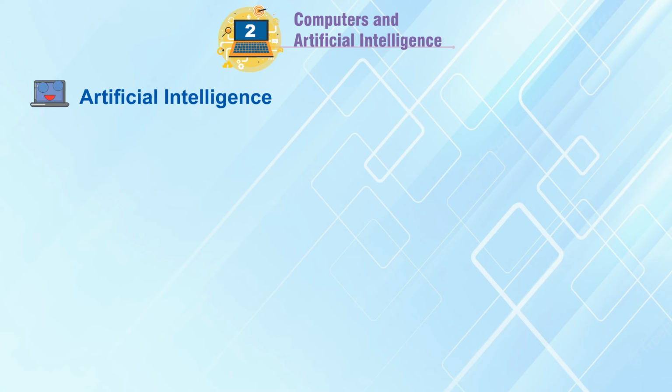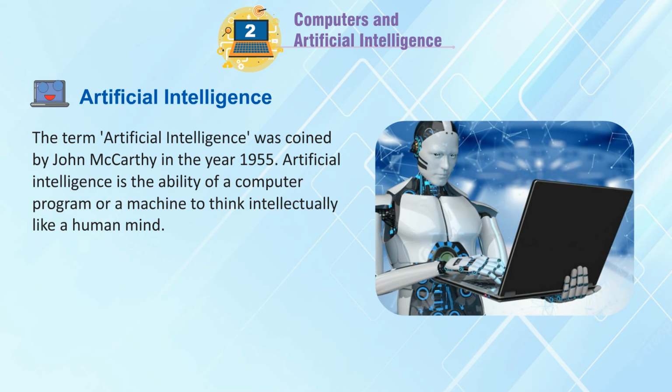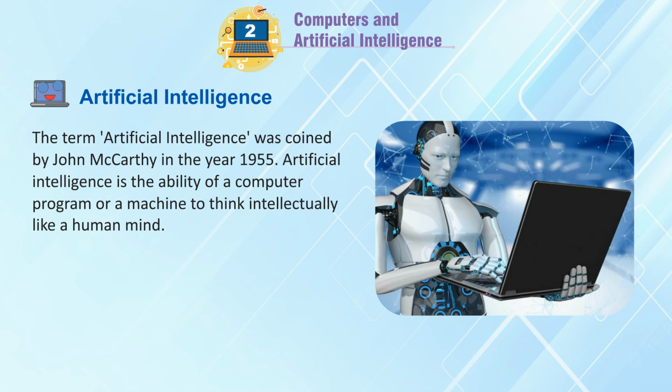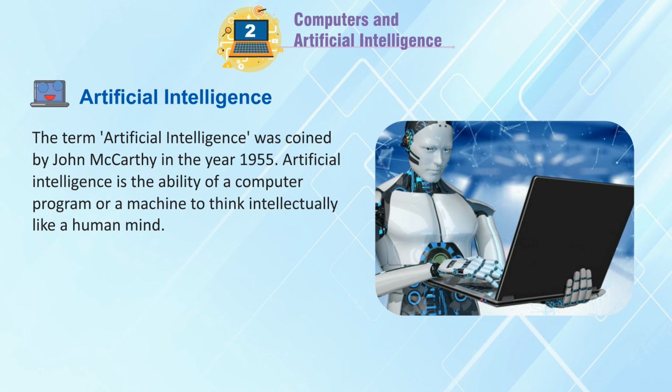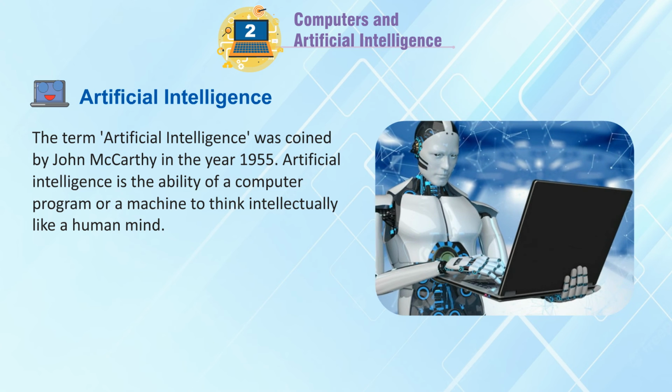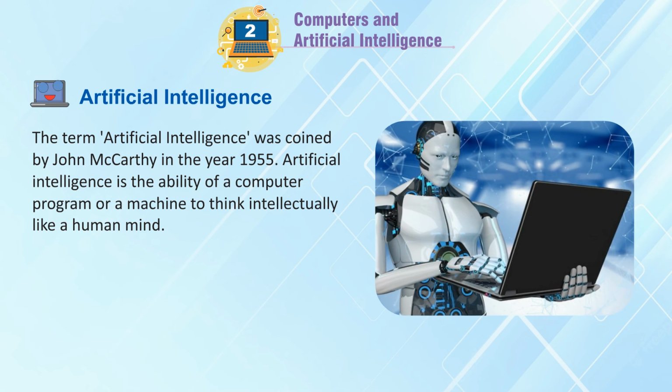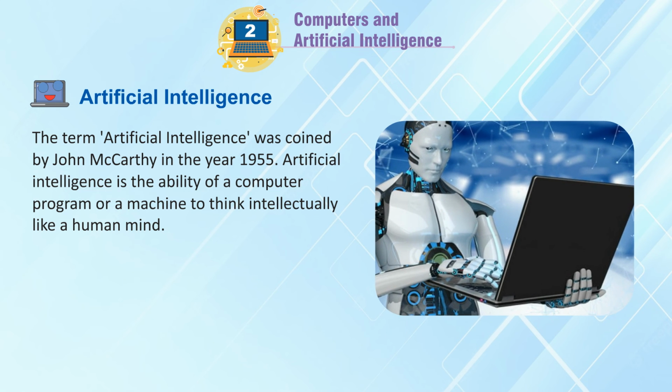Artificial intelligence. The term artificial intelligence was coined by John McCarthy in the year 1955. Artificial intelligence is the ability of a computer program or a machine to think intellectually like a human mind.